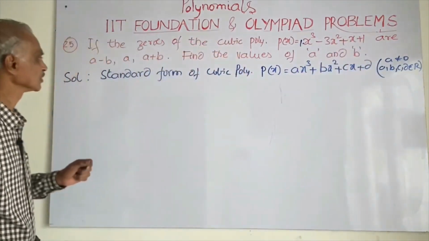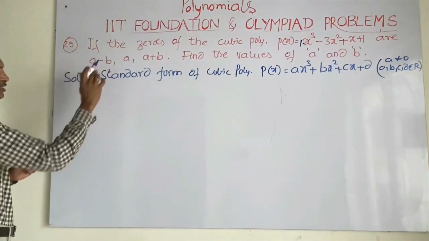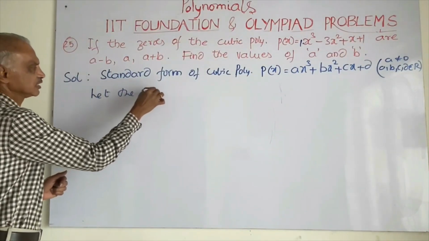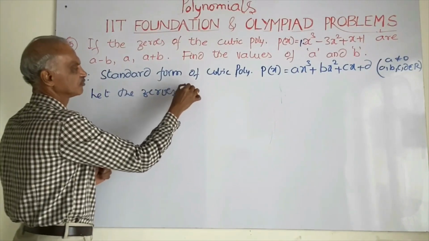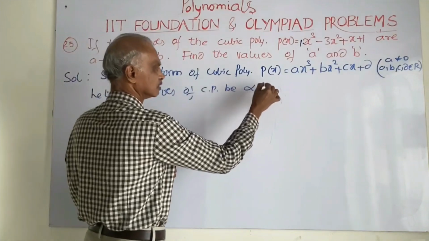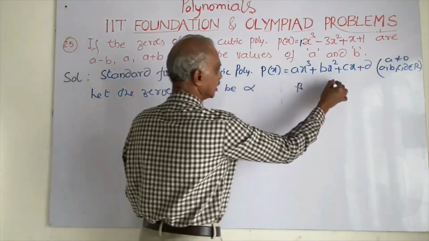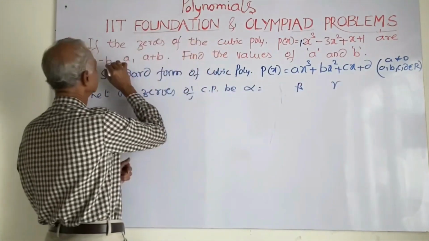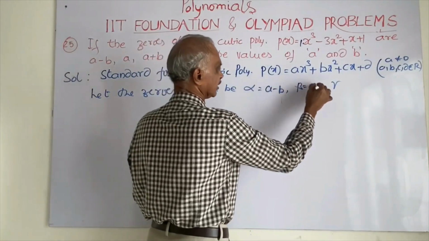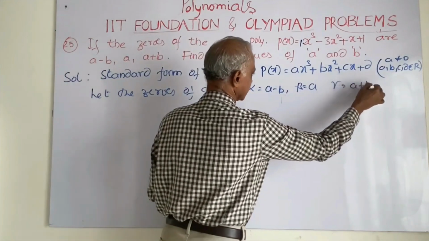You remember. See, what are the zeros given? Let the zeros of the cubic polynomial be alpha, beta, gamma. What is alpha here? a minus b. What is beta? a. What is gamma? a plus b.